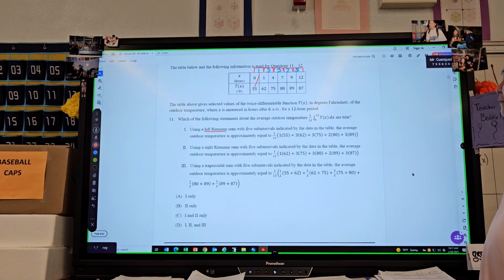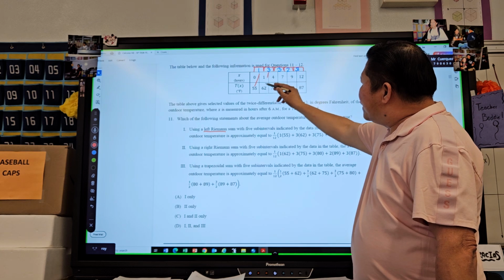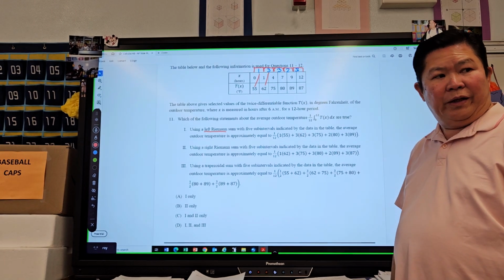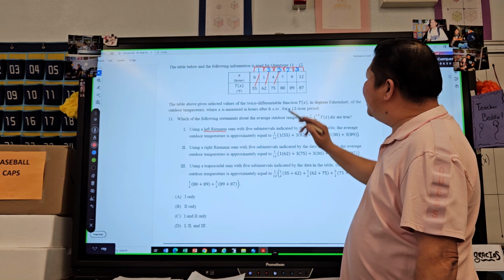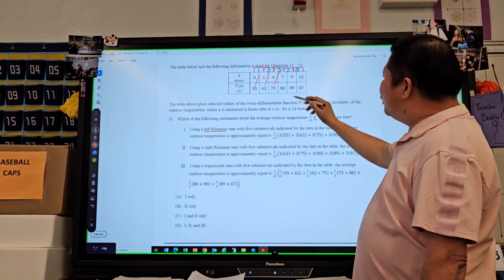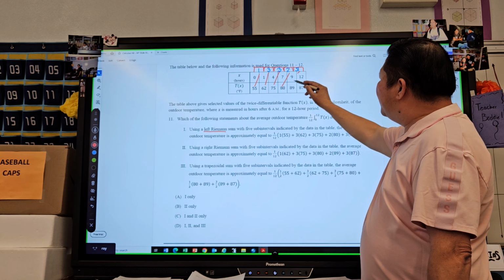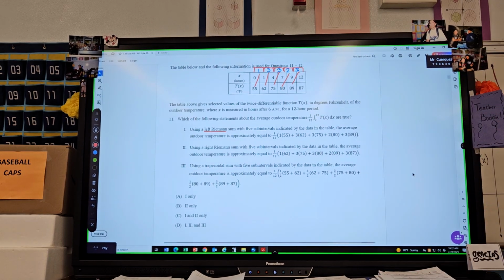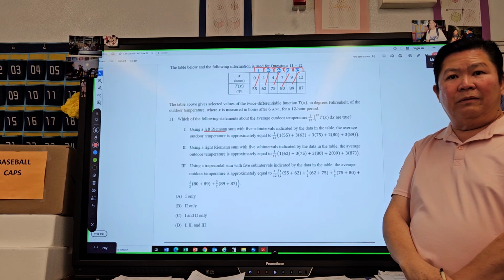And what's next, guys? 3 to 62. Get me? And what's next? Another 3 to 75. And then 2 to 80. And the last is 3 to 89. Do it that way. That's your guide for left Riemann sum.